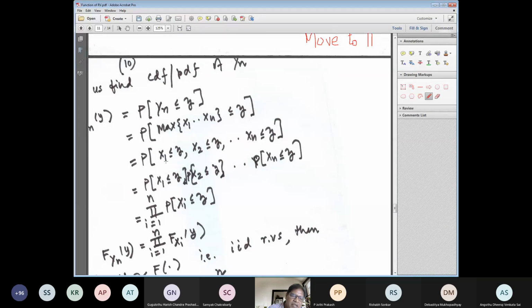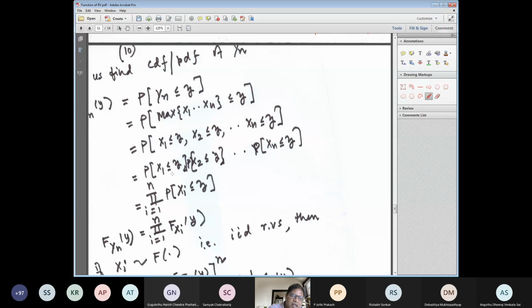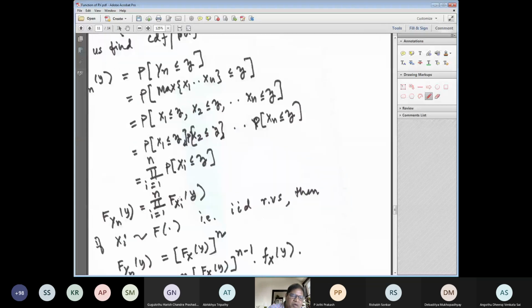So in that case, X1 will be less than y, X2 will be less than y, Xn will be less than y. Since they are independent, we can just write the probability of X1 less than y, X2 less than y, Xn less than y. When we put this in the product form, it is the product from i equal to 1 to n of the probability that Xi is less than y. This is nothing but the CDF of Xi.